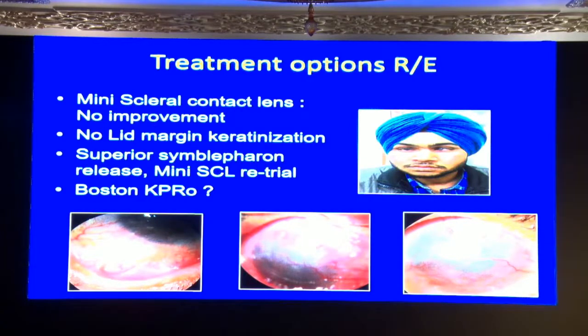If this much fornix is not able to help you fit a PROSE lens in the eye, then after you have done a punctal cautery, if there is a patent punctum and dry eye, we can consider minimally releasing the symblepharon and addressing the lower lid margin changes with a mucous membrane graft. When you do that, your inferior fornix will also increase a little bit, and you place a PROSE lens, which should probably help him. A type 1 KPro in this patient with SJS is probably not indicated.